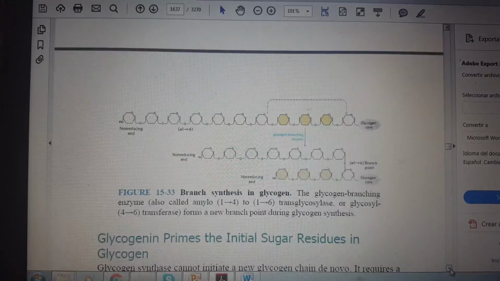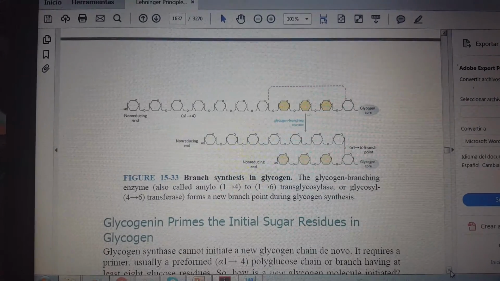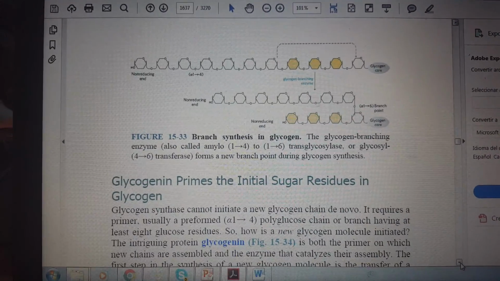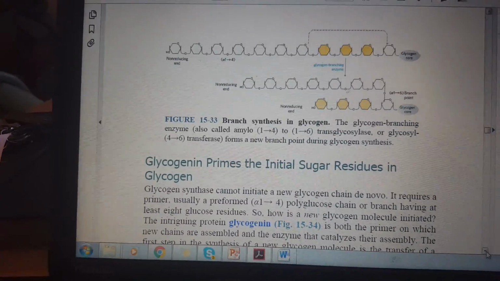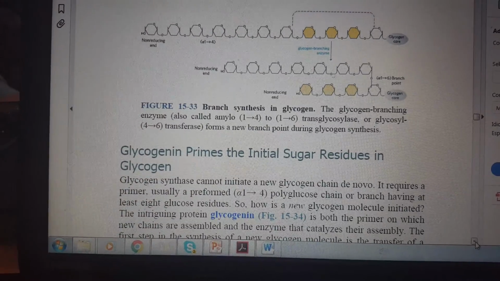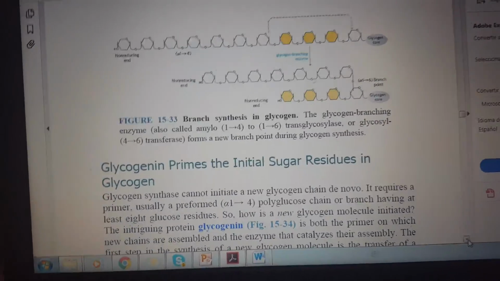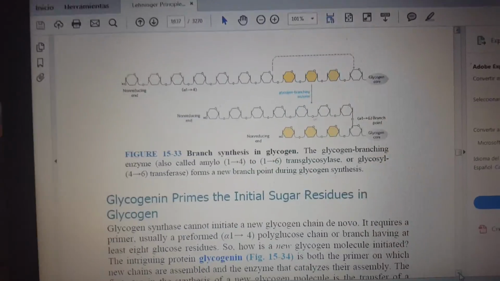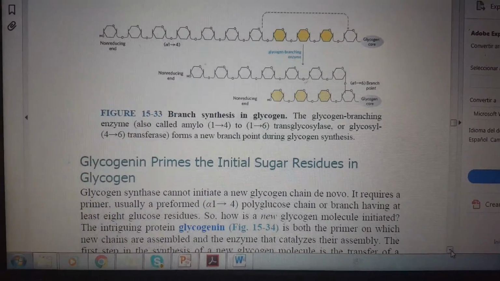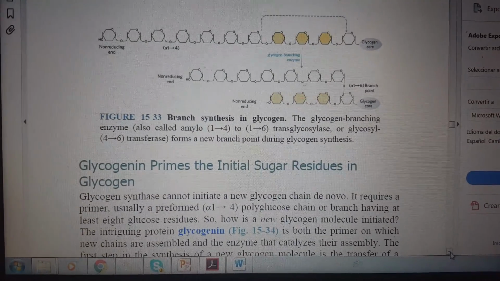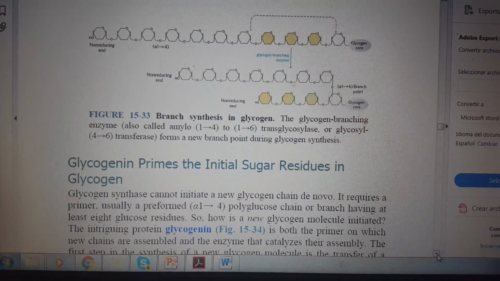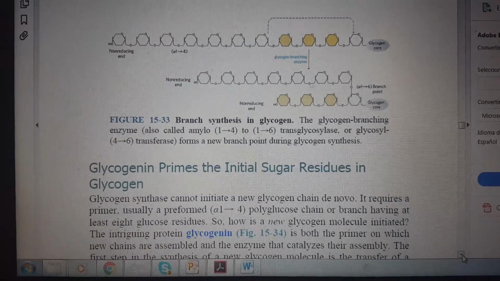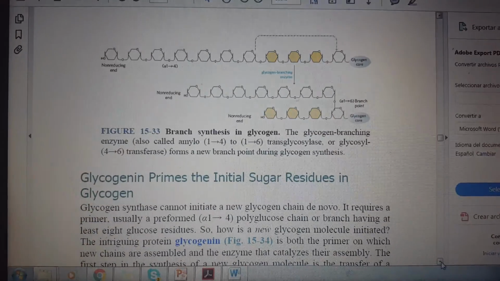Basically what we discussed here. And the branch here, branch synthesis of glycogen, the glycogen branching enzyme. This is another enzyme that is implicated, as we discussed. It has two activities like the other enzyme of glycogenesis: transglycosylase and glycosyl transferase.